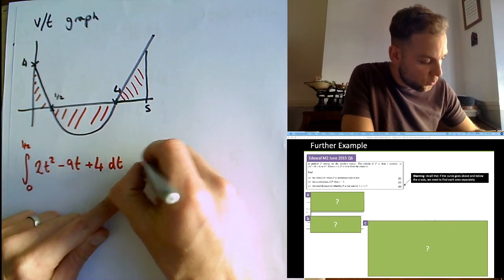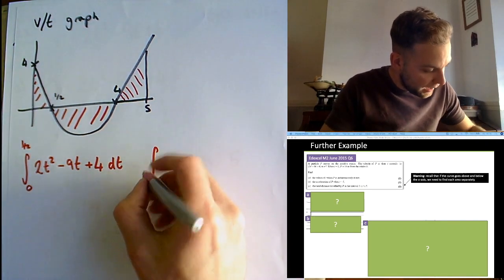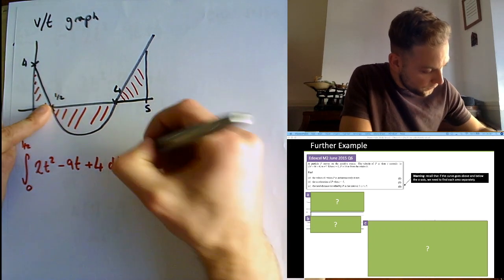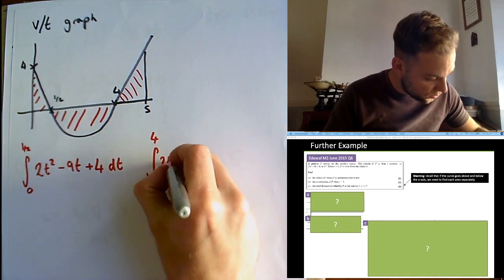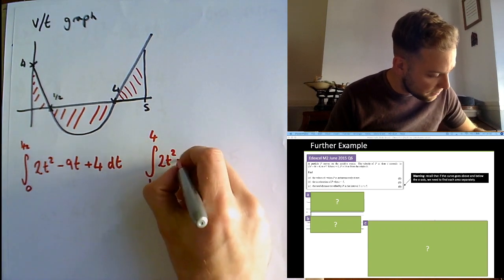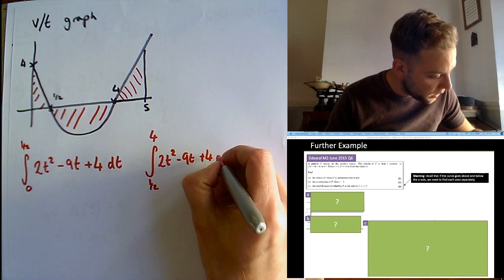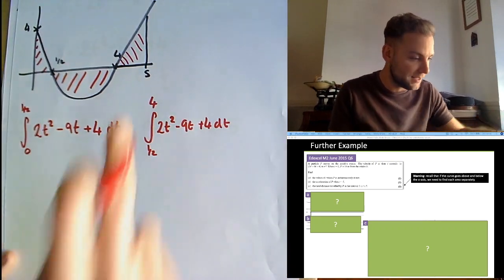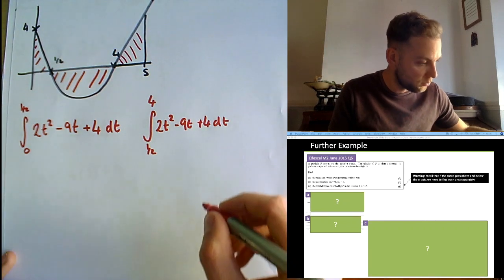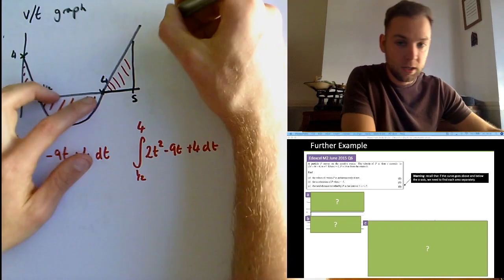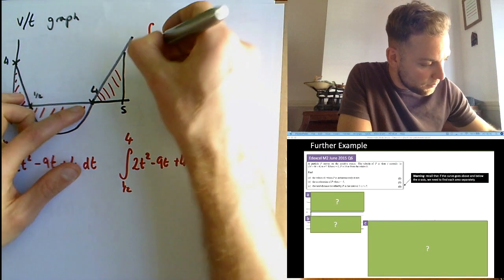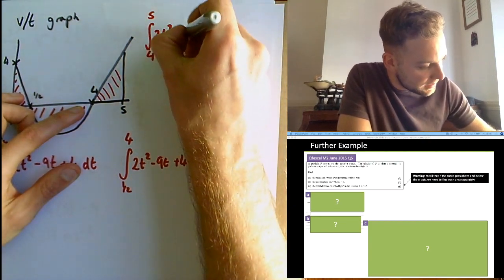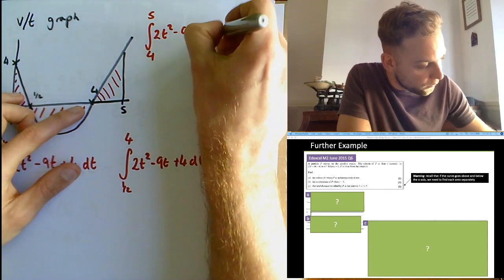I need to integrate between a half and 4 this 2t squared minus 9t plus 4 with respect to t. But I've also got to integrate this last little part here. So where am I going to put this? I'm going to put this one up here, if that's okay. So integrate between 4 and 5, 2t squared minus 9t plus 4 with respect to t.